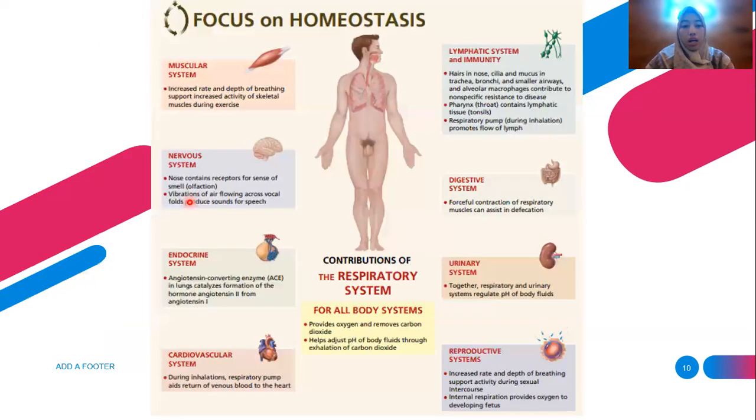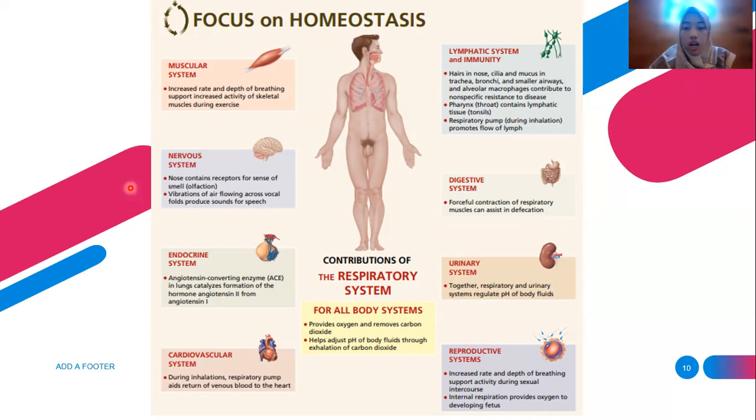Okay, we can see a picture focusing on homeostasis, showing the respiratory system's contribution to all body systems. For the muscular system, increased rate and depth of breathing supports increased activity of skeletal muscle during exercise.